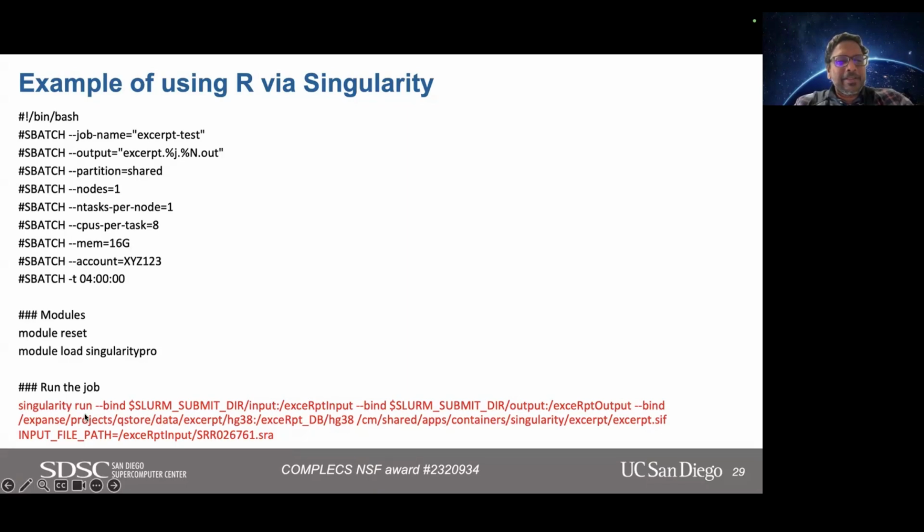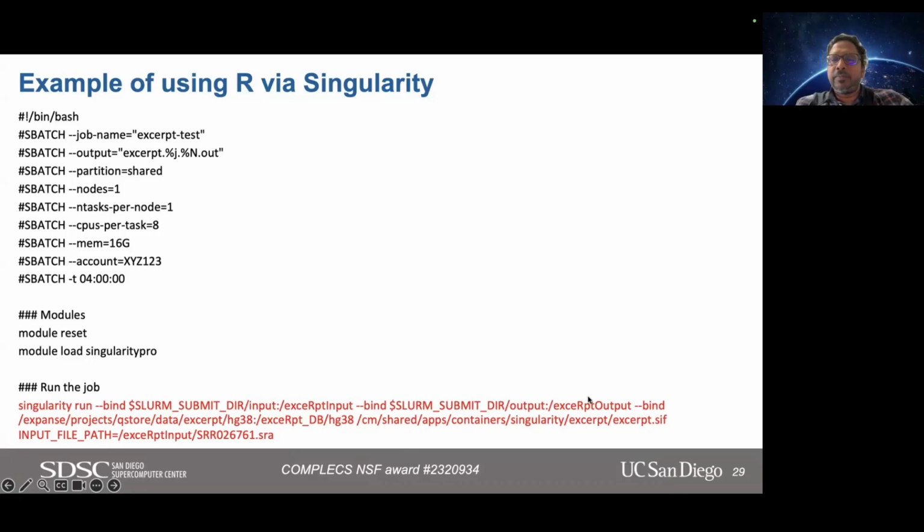Okay, so the reason I have this example is because here actually the bind mounts are in a different location. What I'm doing is there is an input directory that has to have all the inputs for the code, and excerpt actually expects the input in a particular path. It expects it in /excerpt/input. So I'm taking that input directory and mounting it there.